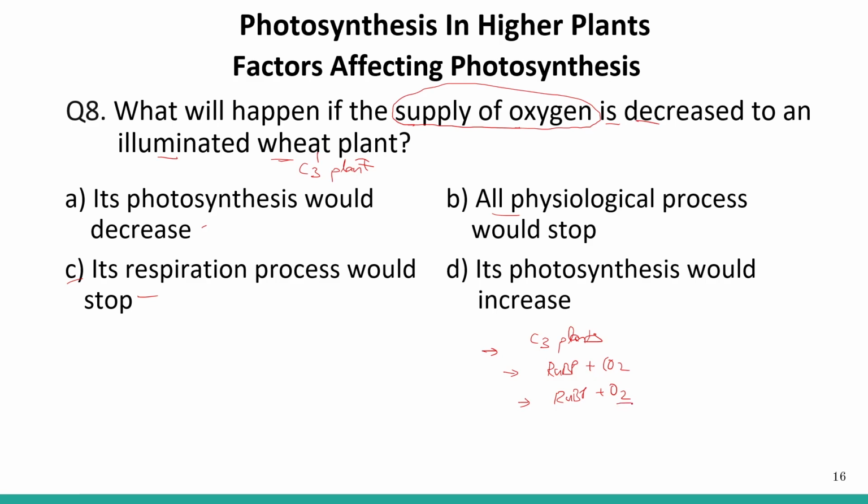So, if we decrease the amount of oxygen or the supply of oxygen, then what will happen? There is no oxygen, means there will be reduced photorespiration or no photorespiration.